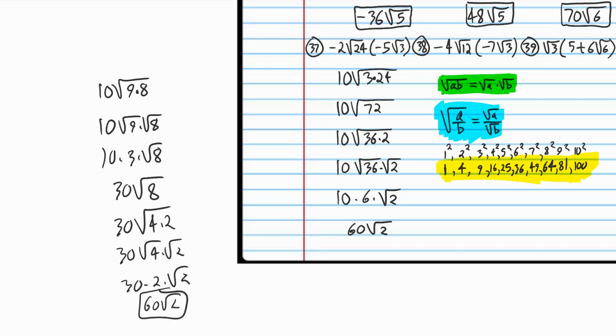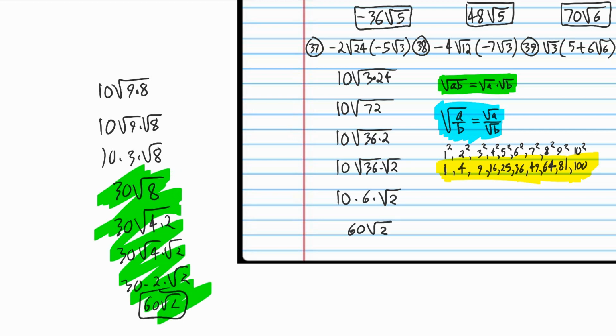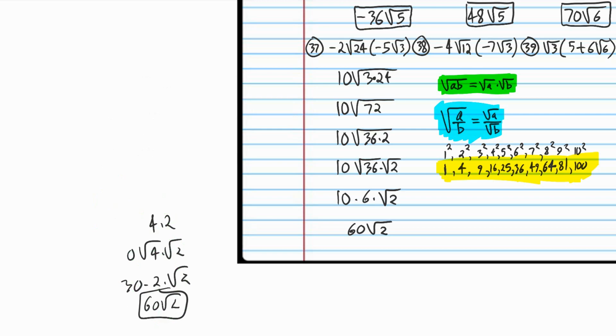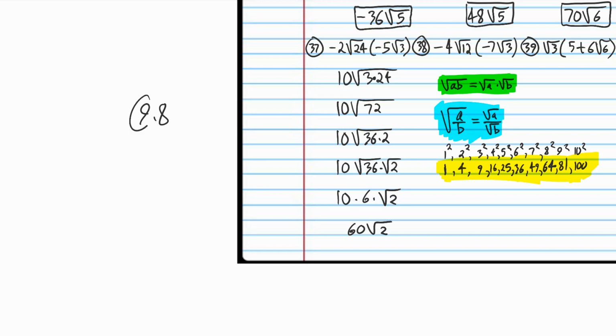So we had to do all these extra steps because we decided to factor the 9 times 8. So what you want is a number that's a perfect square, in this case 36, and a number that is neither a perfect square nor does it contain a factor that's a perfect square. The problem with 9 times 8 is not that you have a perfect square, because you want a perfect square.